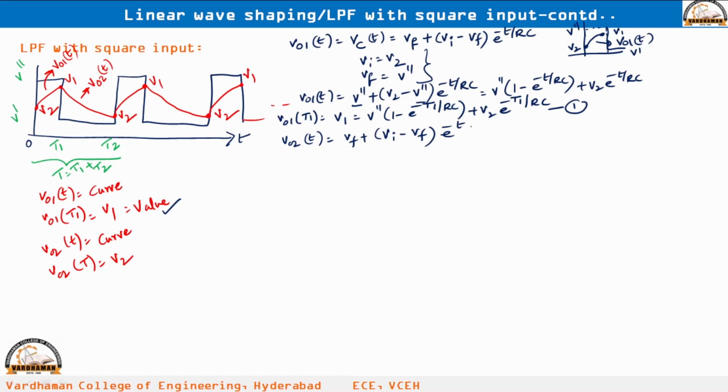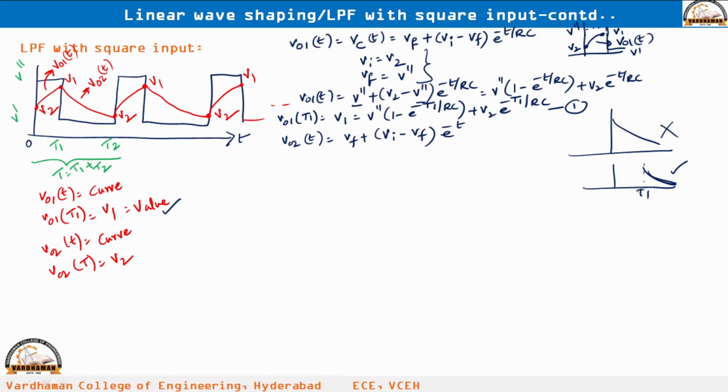But if I write t by RC, that is wrong, because this particular V02 of t curve starts at t equal to T1. It is not starting at t equal to 0. It is available from T1 seconds onwards. So, it is not available like this, it is available like this. You are writing the equation for this curve, but this curve is not starting from t equal to 0, this curve starts at t equal to T1.